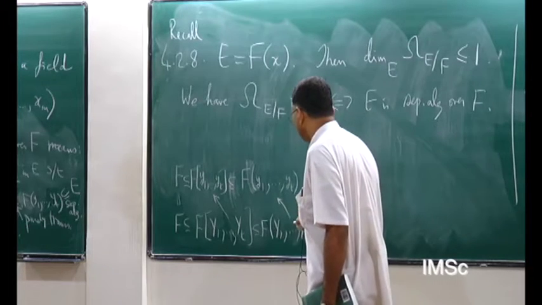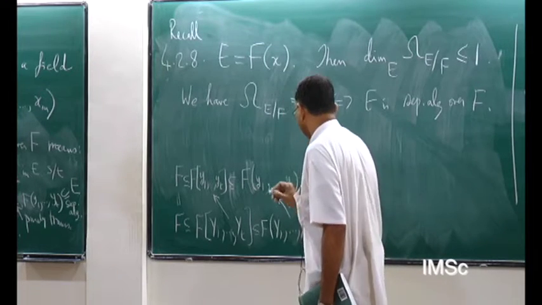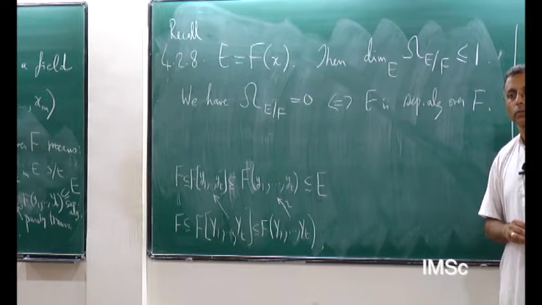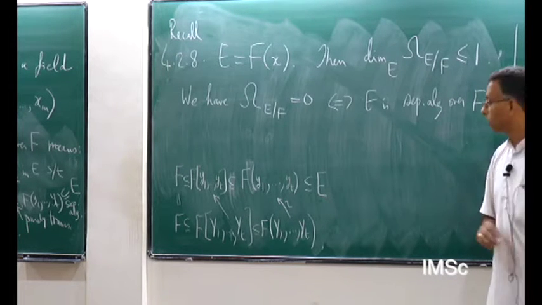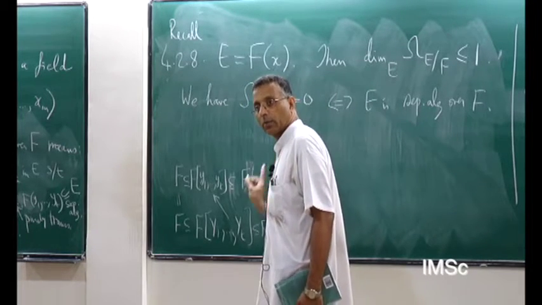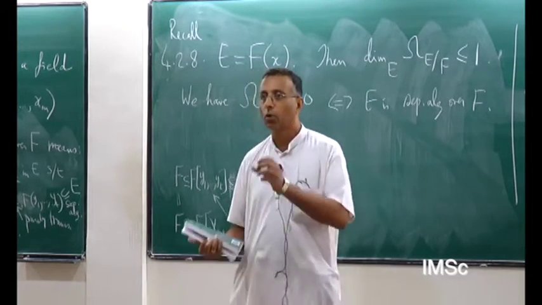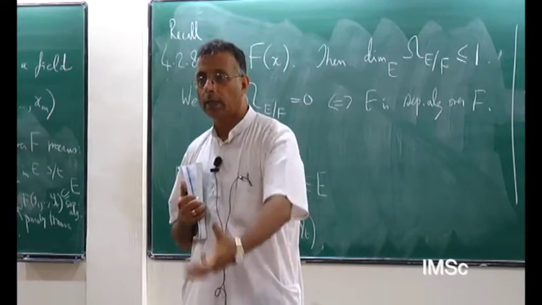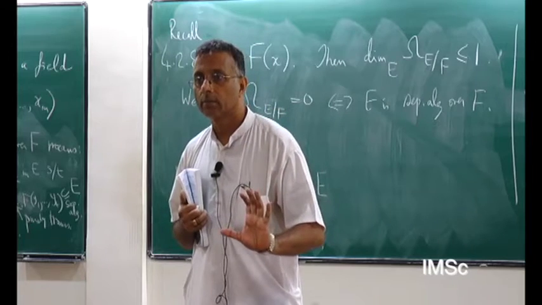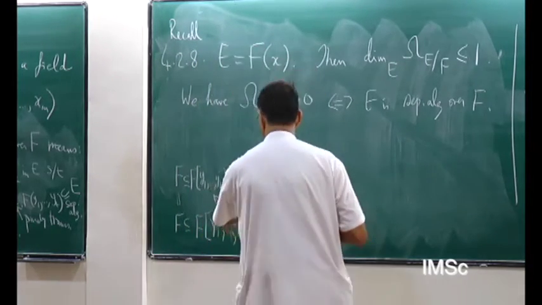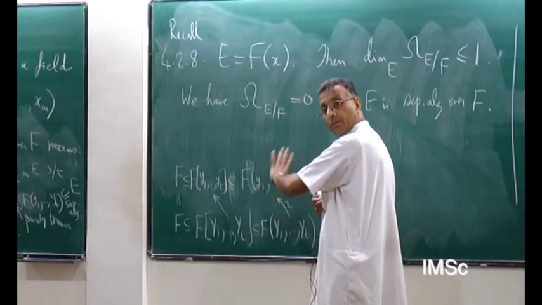Such a thing is called a purely transcendental extension. In other words, a purely transcendental extension is one generated by algebraically independent elements. Then this will become an isomorphism.